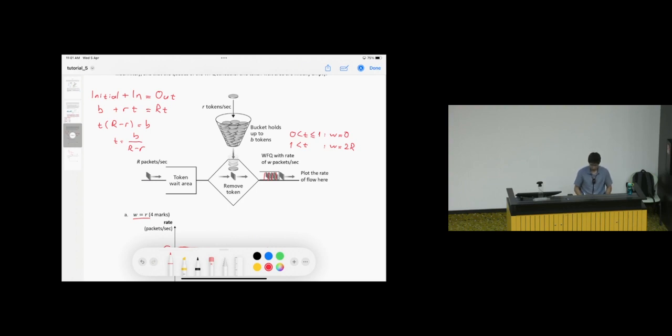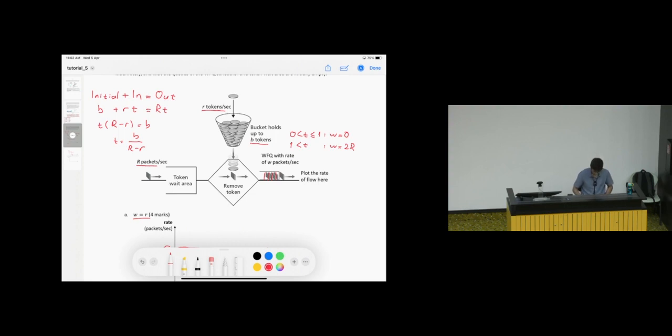And I need to decide at what rate these packets accumulate here. So my arrival rate of packets is capital R packets per second, but my long-term rate is small r tokens per second, but I have initially B tokens in my bucket.